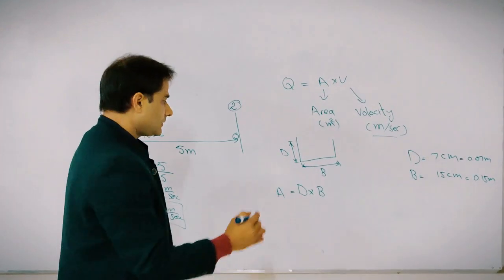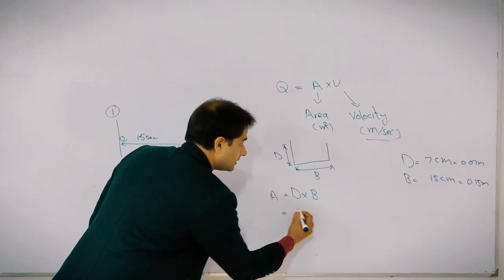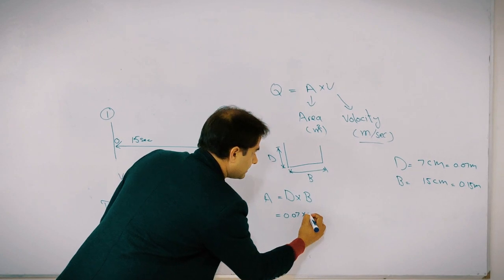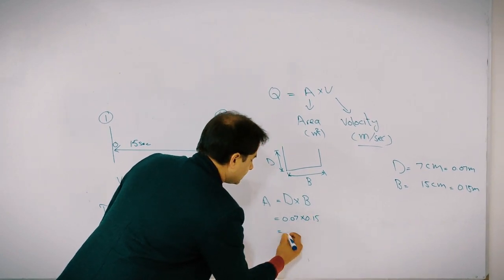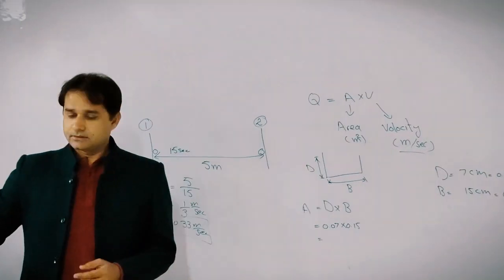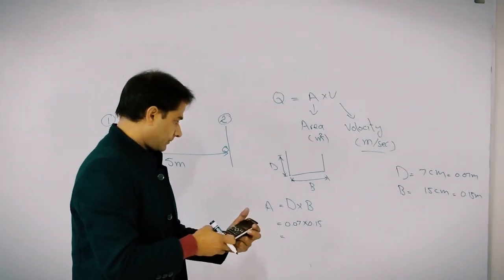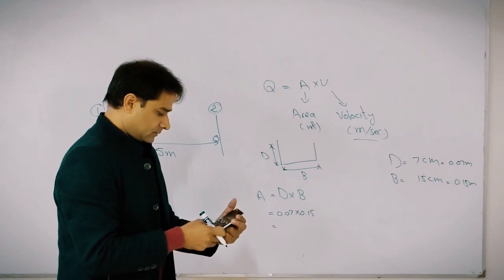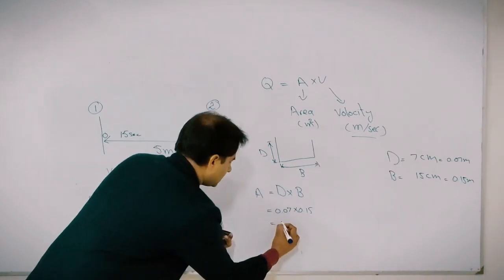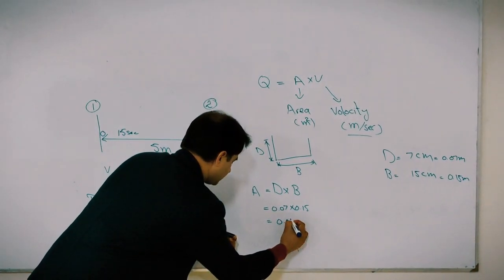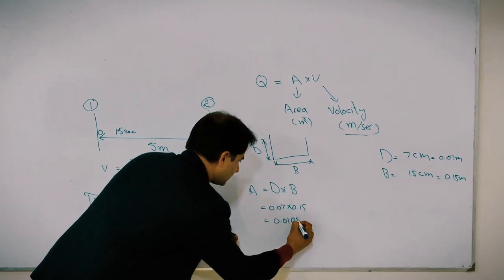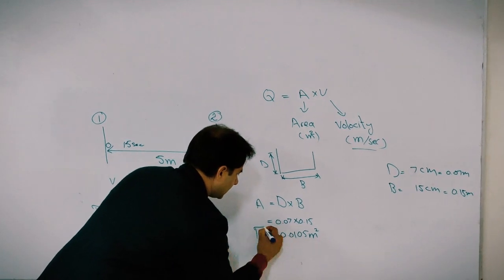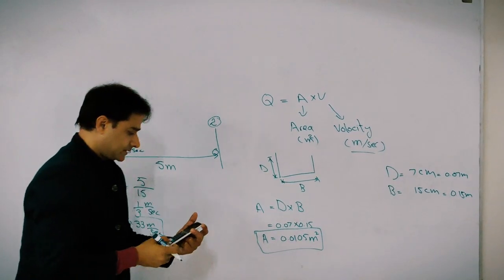Our area will be 0.07 multiplied with 0.15, which gives us about 0.0105 meters square. Our area is calculated.